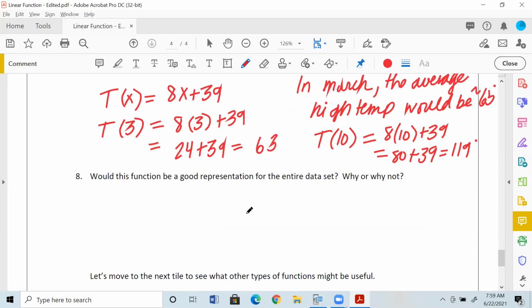Does this seem right, though? Would this function be a good representation for our entire data set? And the answer to that is no. It works well for the early values, for the months between January and April.